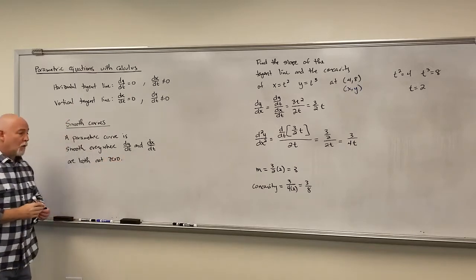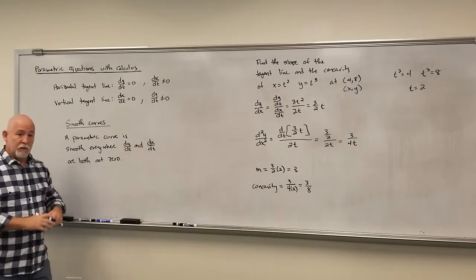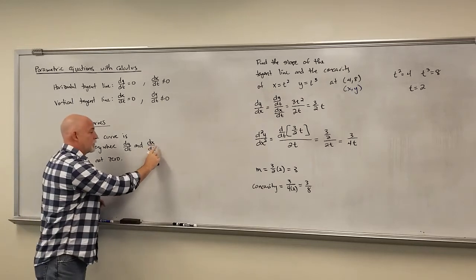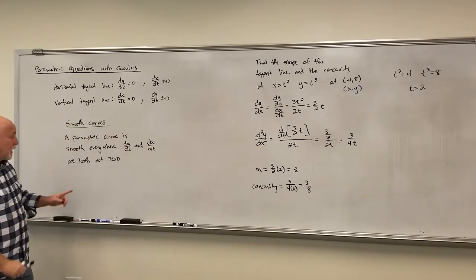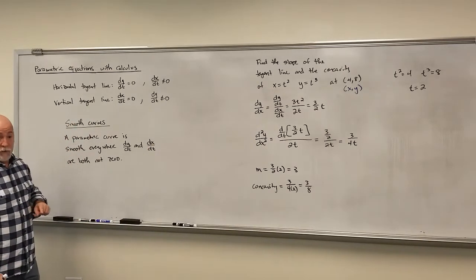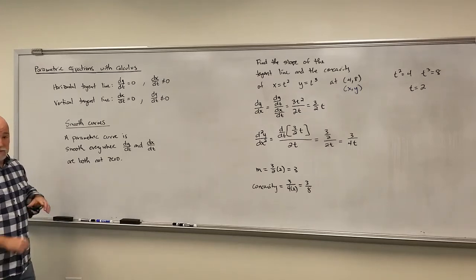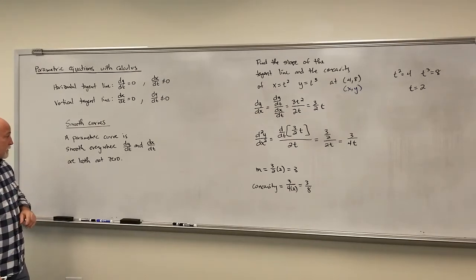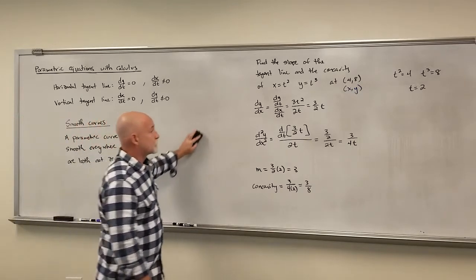Okay, so the idea, one could be 0 or the other can be 0, that's fine. That just means you're going to have a horizontal tangent line or a vertical tangent line. However, if they're both 0 there, you end up with a sharp point and you don't get a horizontal or vertical tangent line. And at that point, we say the curve is not smooth.